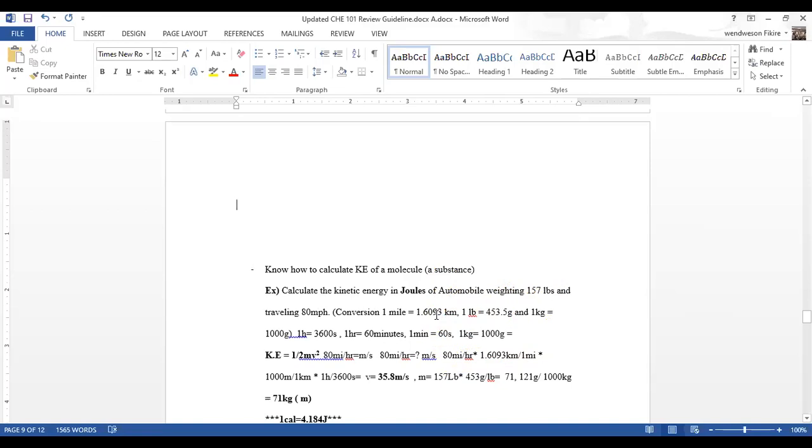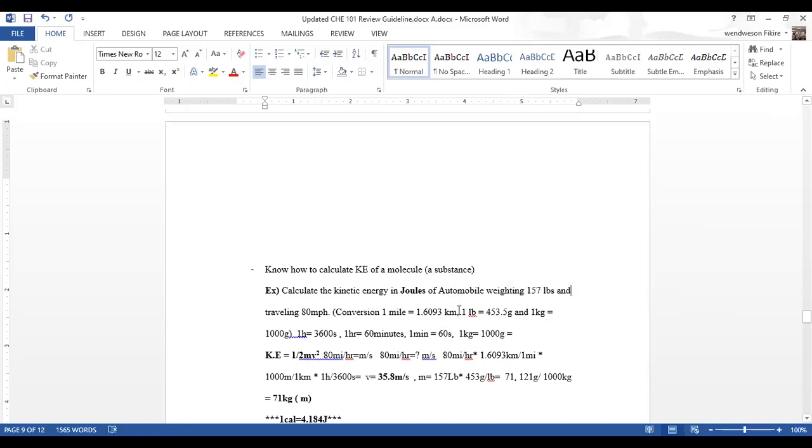The conversion factors will be given to you. One mile equals 1.6093 kilometers, 1 pound is 453.5 grams, 1 kilogram is 1,000 grams, 1 hour is 3,600 seconds. Every conversion will be given to you. You don't have to memorize conversions.